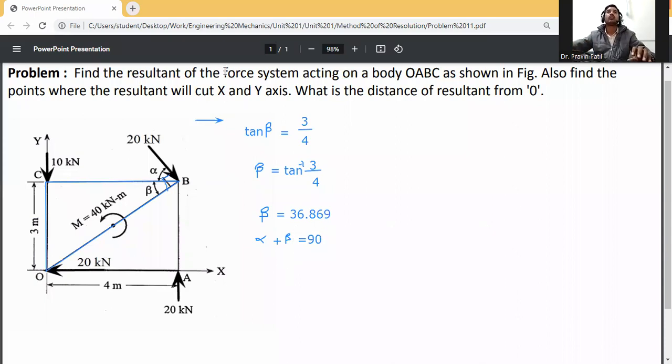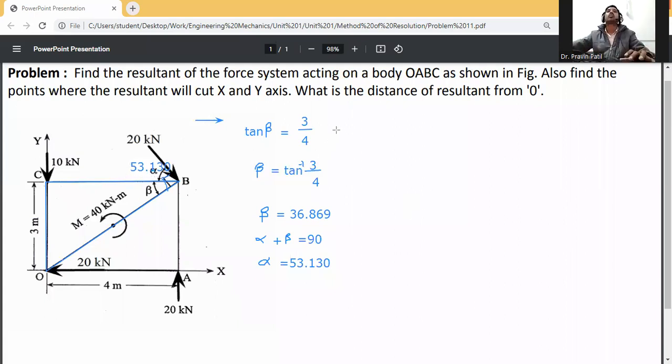So alpha is equal to 90 minus 36.869, which gives 53.130. So this angle is 53.130.